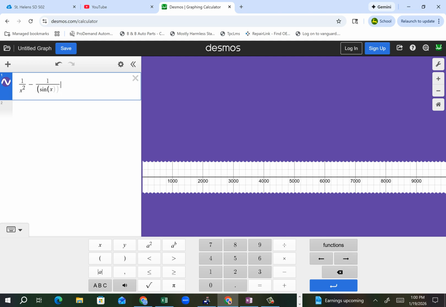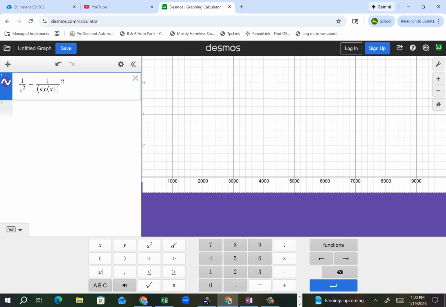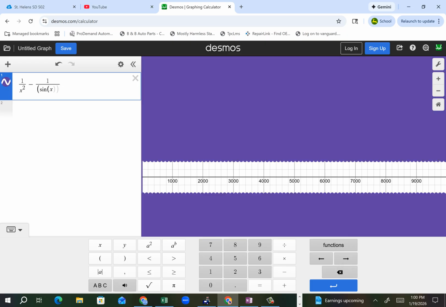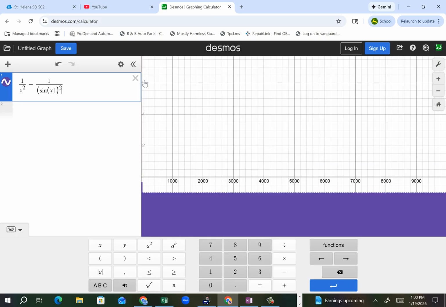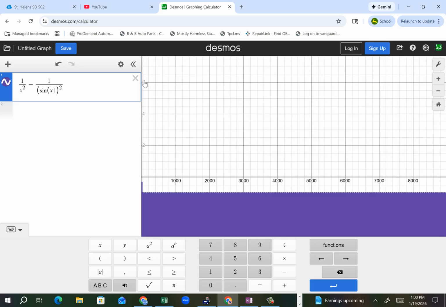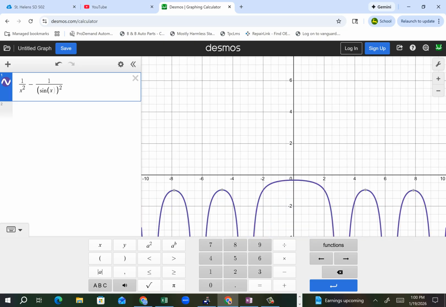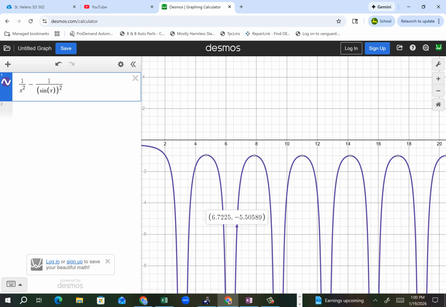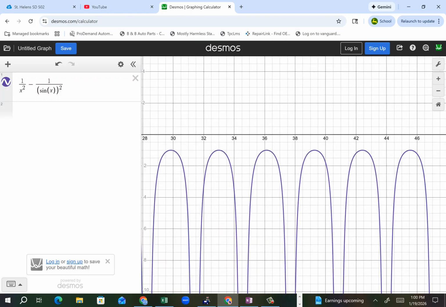Oh dear. Not there. Get down there where you belong. Right there. Oh, that's hot. Now let's zoom out a skosh. And, oh yeah, there it is. Yay.